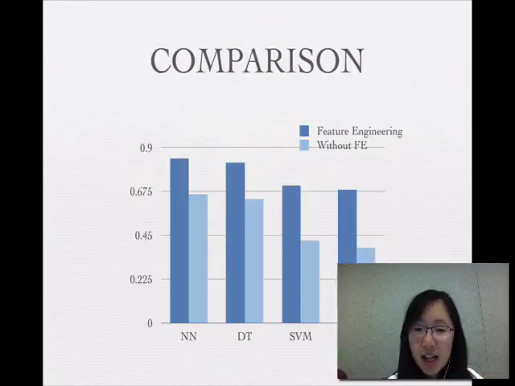And finally, I summarize all the work I have done with this chart. From this chart, we can see that the accuracy with feature engineering is higher than the accuracy without feature engineering. And also, the accuracy of the neural network and decision tree is higher than the support vector machine and the KNN model.